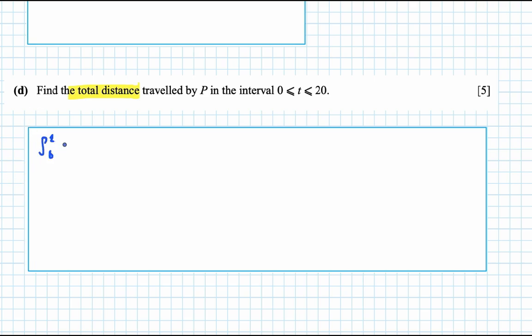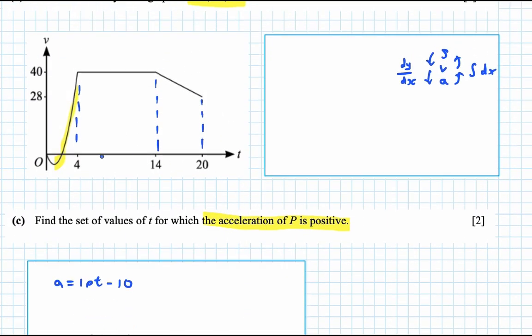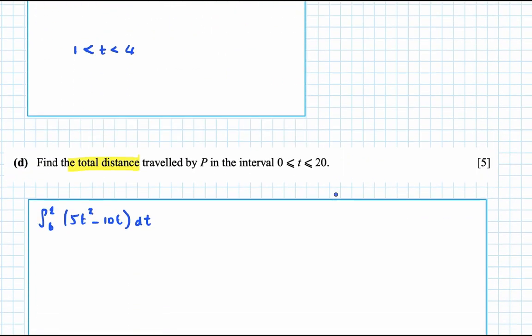So from 0 to 2 are our first limits, and that will include 5t squared minus 10t, and will also include from 2 to 4. So all the way from 0 to 4, we have to treat it as two separate integrated parts, because one is below the x-axis.